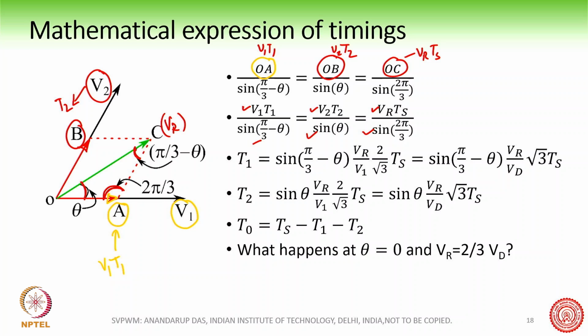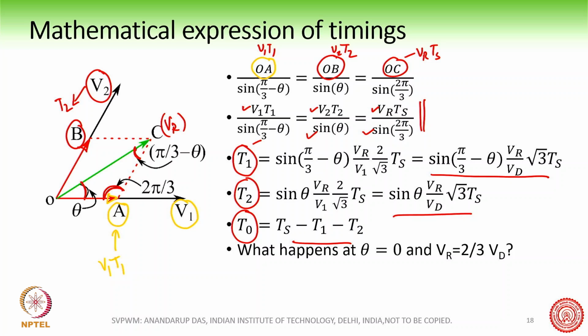Once you put this equation and start solving, then you know the values of T1, T2 and T0, as you can see here. These are the expressions of T1, T2 and T0 if you want to realize the space vector.